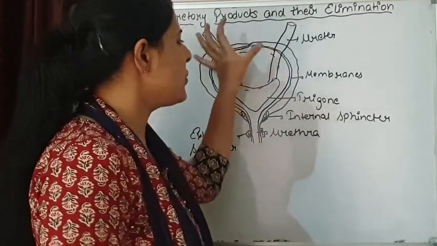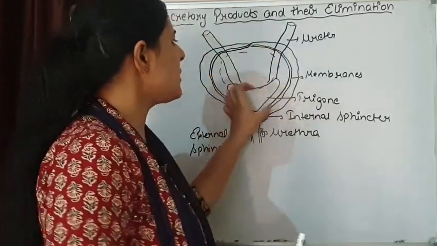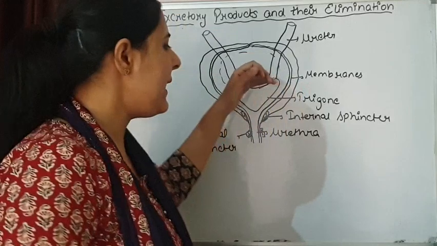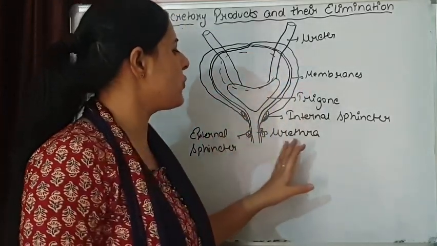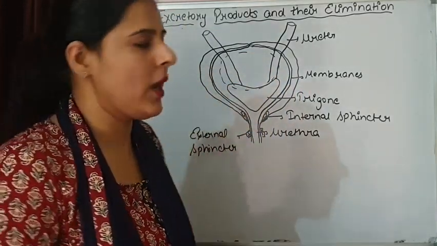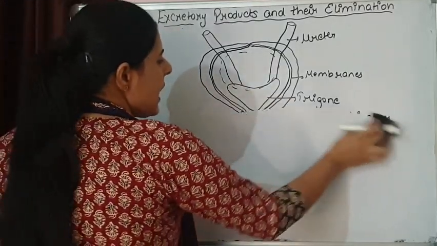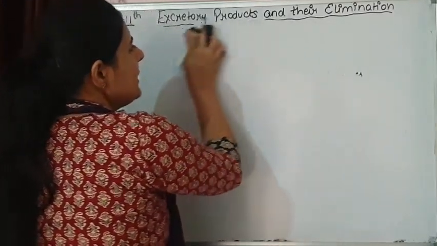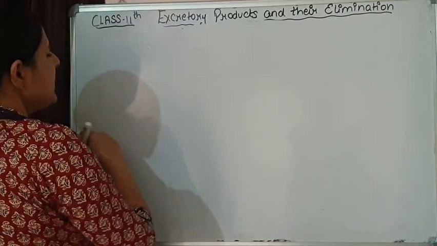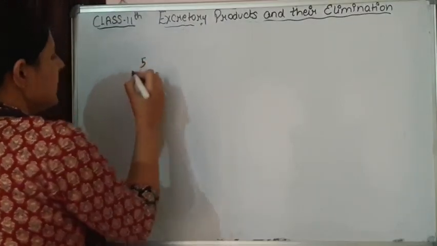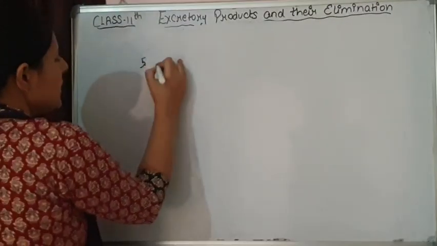So this is how urinary bladder is going to store the urine here for some time, and this urine will be removed out with the help of urethra. Urethra is again a small tubular structure that is helping in the elimination or removal of urine out of the body.